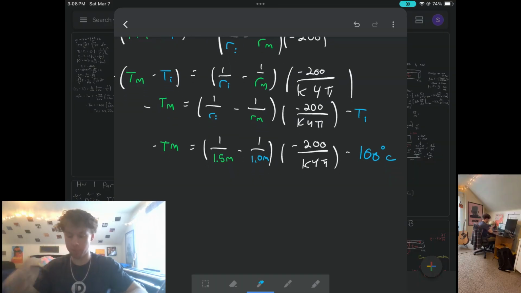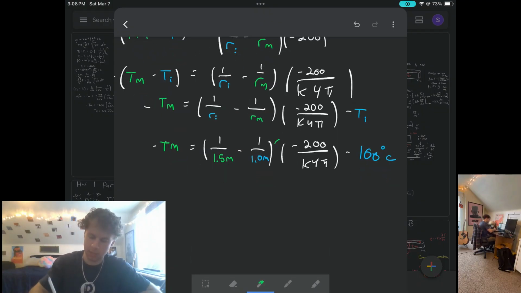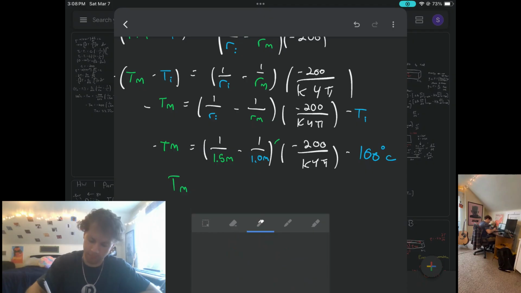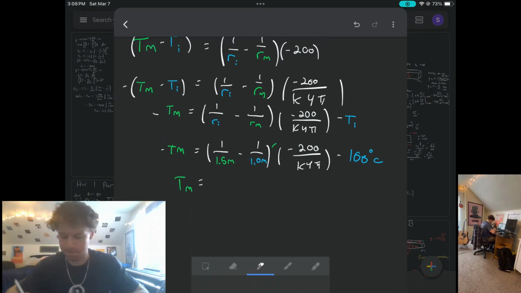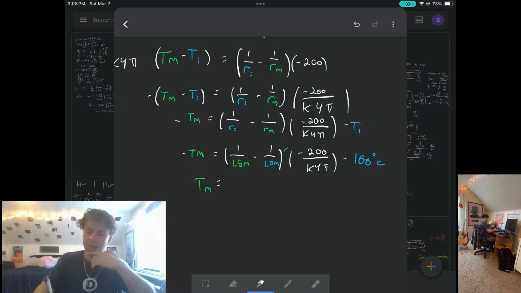If we plug this all into the calculator, we will get the temperature at our midpoint is equal to negative 33.3.